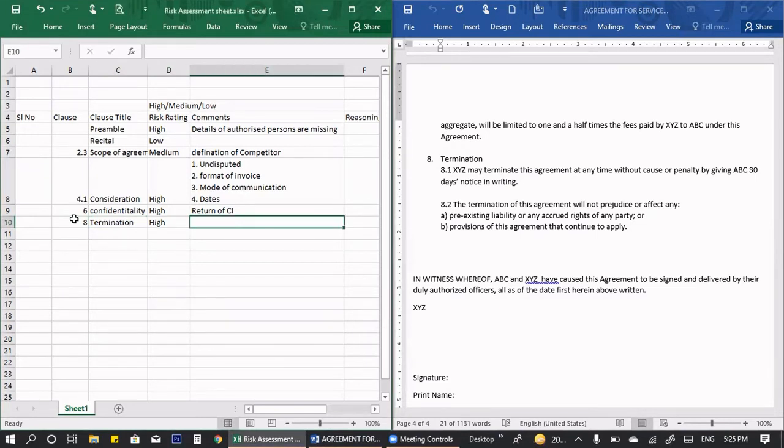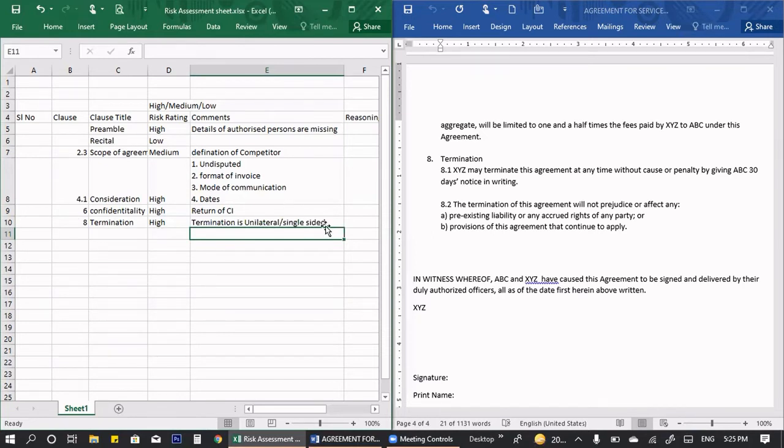I would state that termination is unilateral or single-sided. Only one party has the right to terminate, whereas the other does not, and they can do it without any cause also.